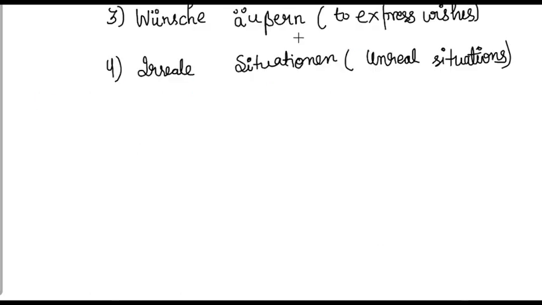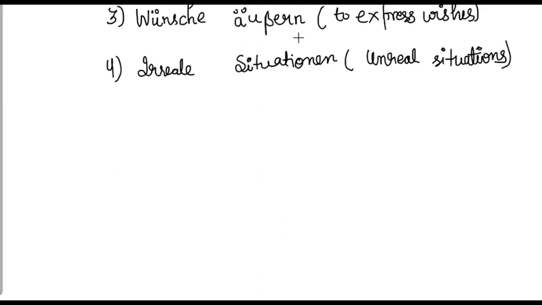Then next is Wünsche äußern, some kind of wishes. Like if I had a lot of money, I would have bought a charter plane. Okay, so it's a kind of wish, a kind of desire. Unreal situations: if I had wings, I would fly.